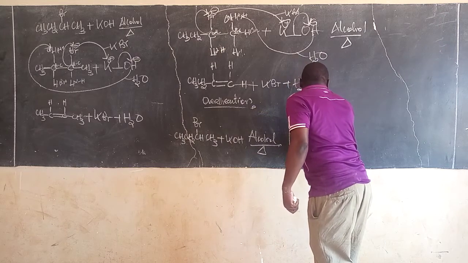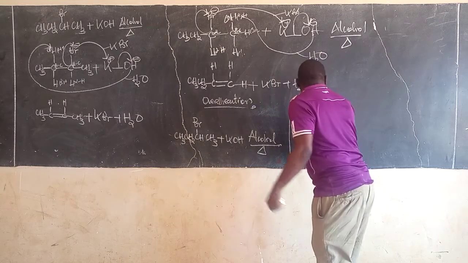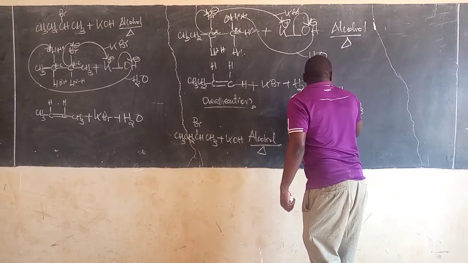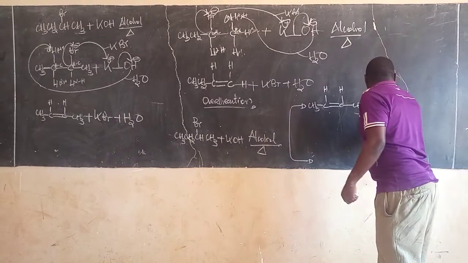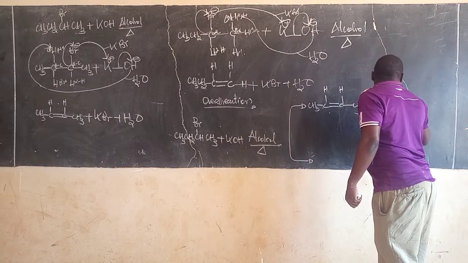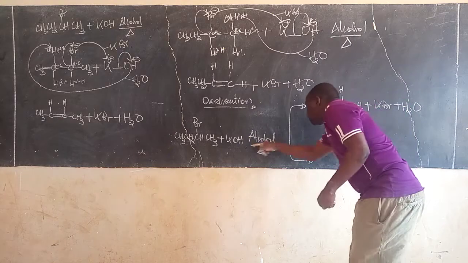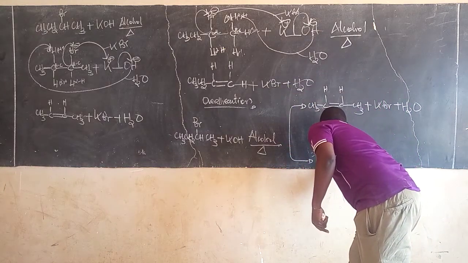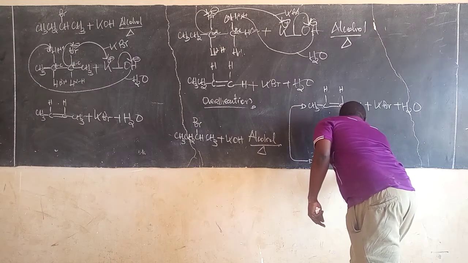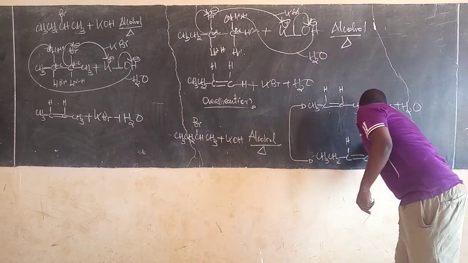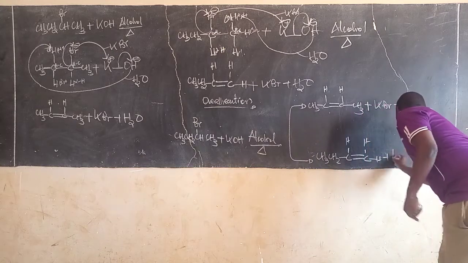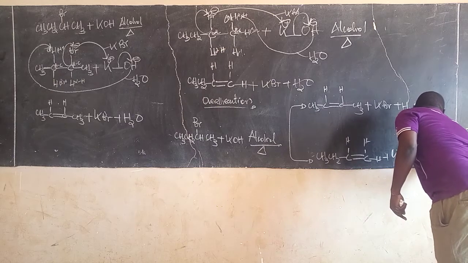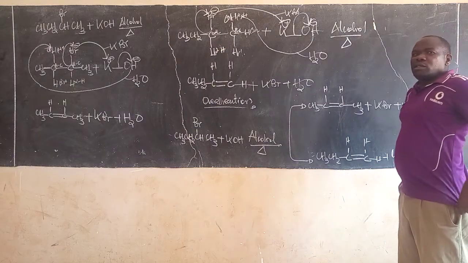First one, CH3, carbon double bond, CH3, here hydrogen, plus potassium bromide plus water. Down here, going right, CH3, CH2, carbon double bond, here hydrogen, plus potassium bromide plus water.